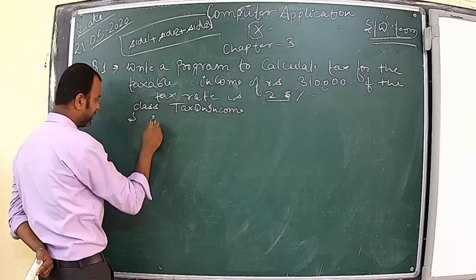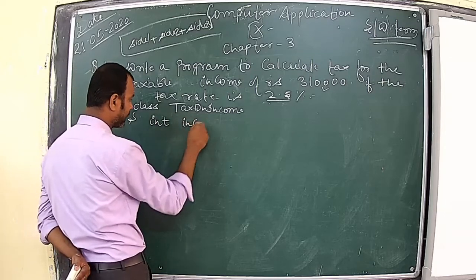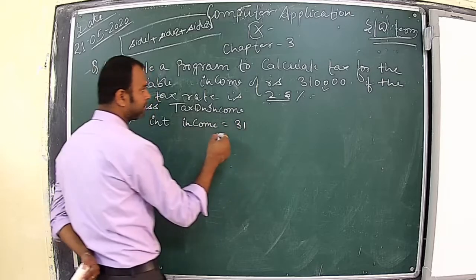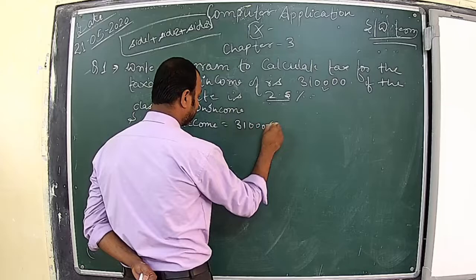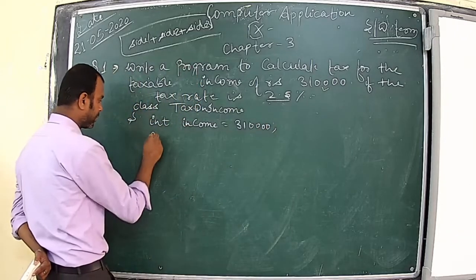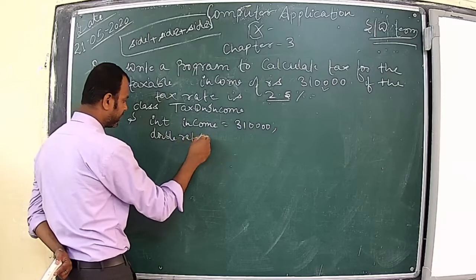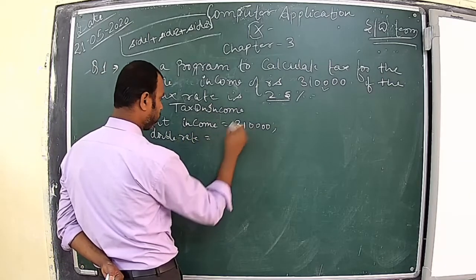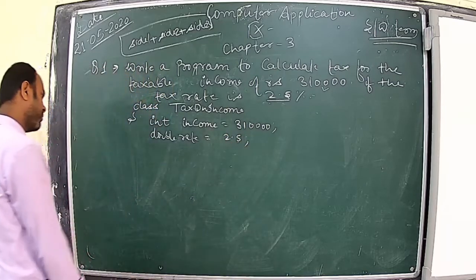So int income equals 3,10,000. Then double rate, you can write here rate equals 2.5.